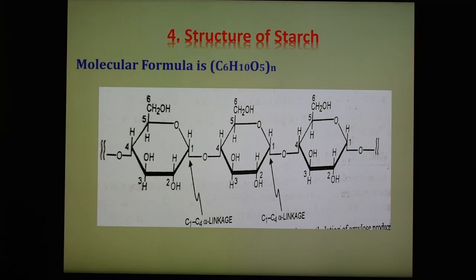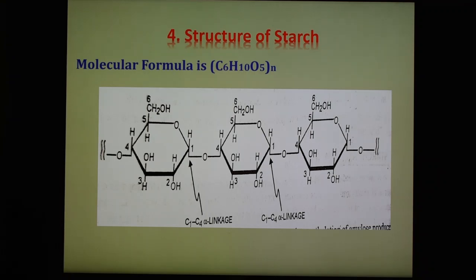When this compound undergoes hydrolysis, it yields maltose, glucose, different types of monosaccharide units are formed. And regarding the nature of linkage, when amylose undergoes partial hydrolysis with the enzyme diastase, it forms maltose, and we have this structure shown in this slide, and the linkages are there.